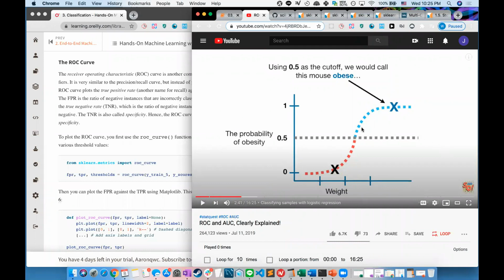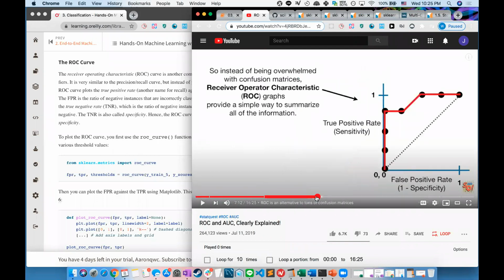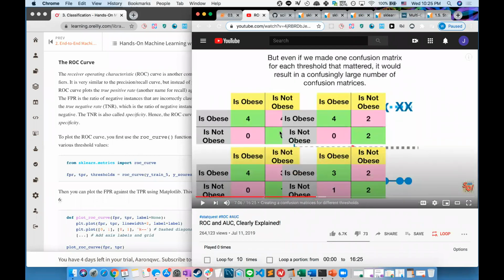Like if it's 60% or 0.6, then the mouse is obese. And if it's below this threshold, then it's not obese. But it's arbitrary. You can move it up or down, and with each movement, you can create a confusion matrix, and you end up with a bunch of confusion matrices.